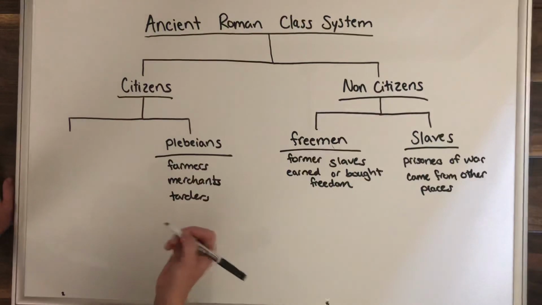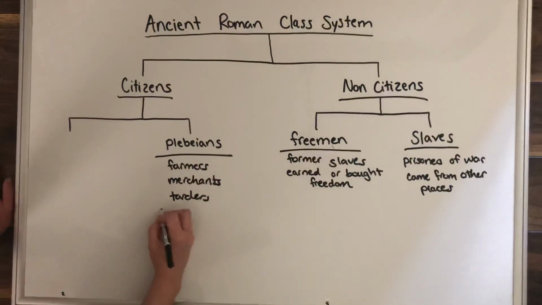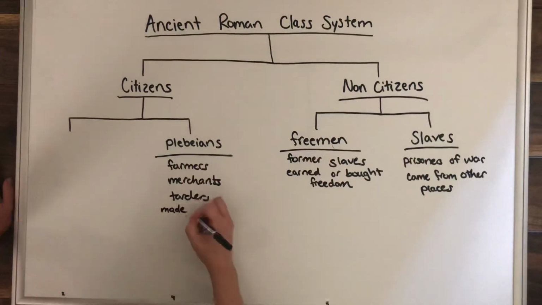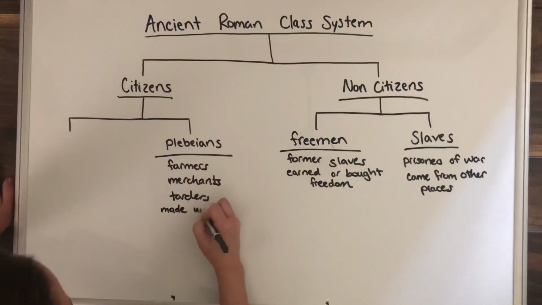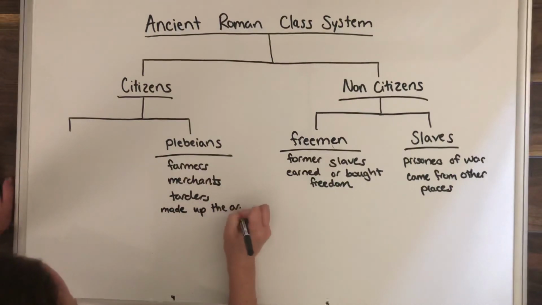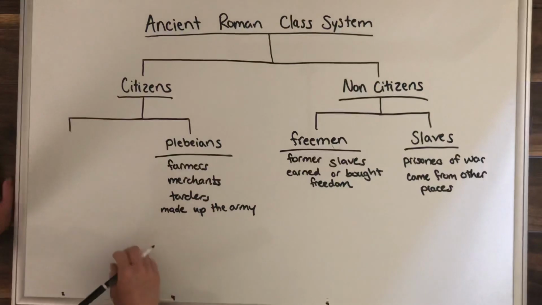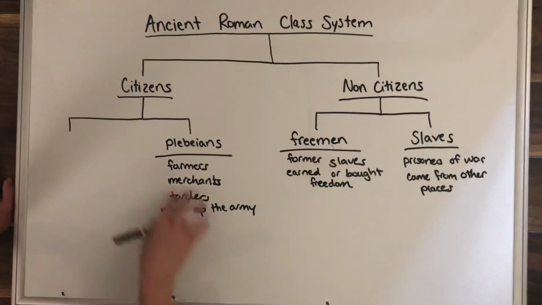They also made up most of the army. That's going to be important later. These are your plebeians. They were the common people. They were citizens, but they didn't have very much power.